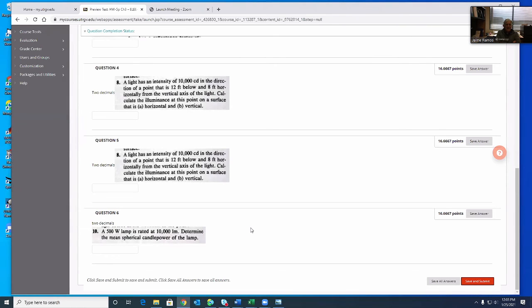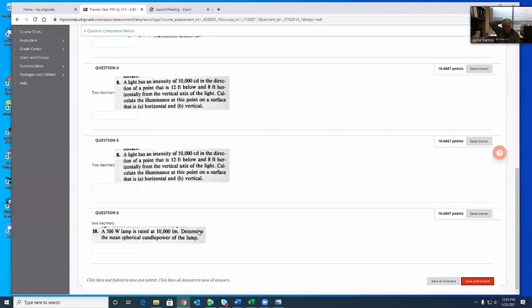The distance squared is going to be what? 12 squared, that's 144 plus 64. So we need to do some calculation of the hypotenuse squared. That's going to be the distance squared. For problems 8, sorry, question 4 and 5.